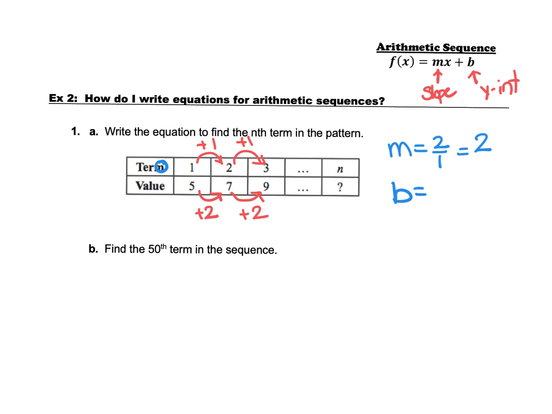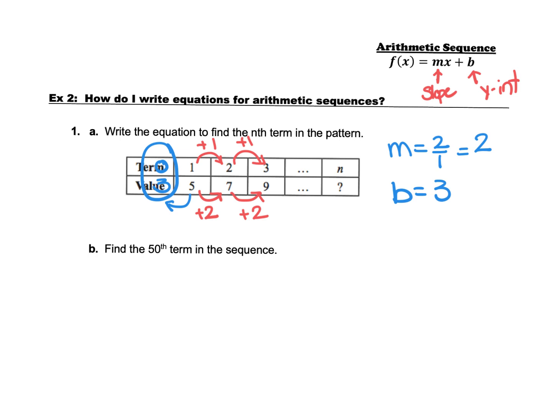To do that, we could simply back up on our table, and instead of adding 2 to the next step to that value of 5, we could subtract 2, and then we would have a y-intercept. Remember, the y-intercept is when the x is 0. So the starting point on the graph is going to be at the 3. So we'd start at the 3, we go up 2 over 1.